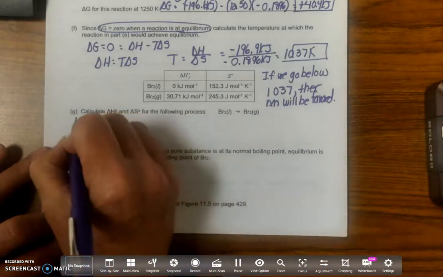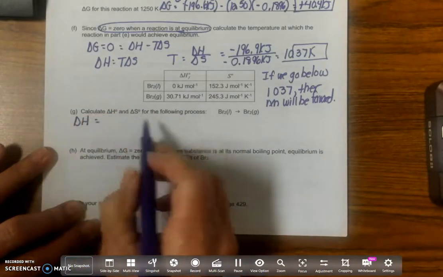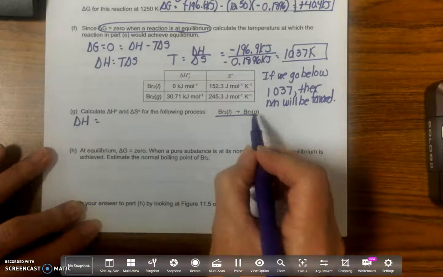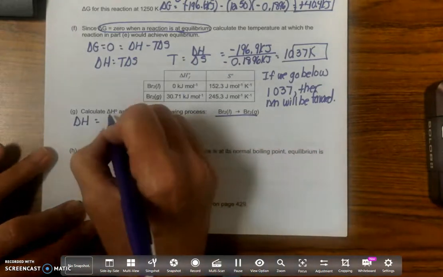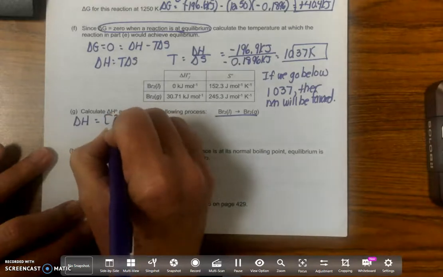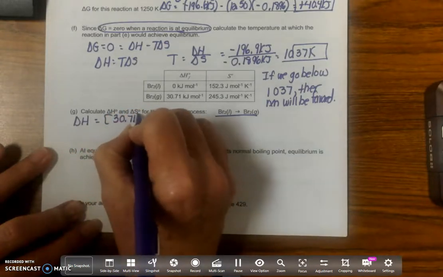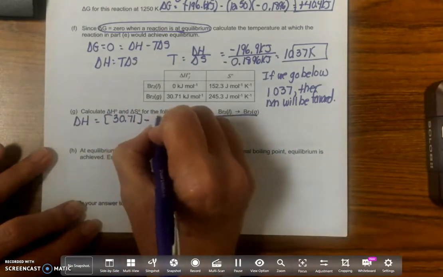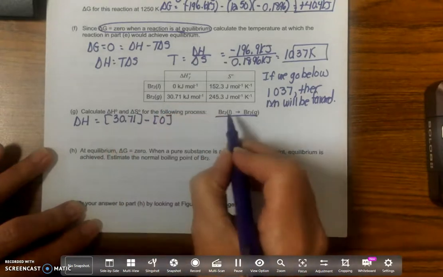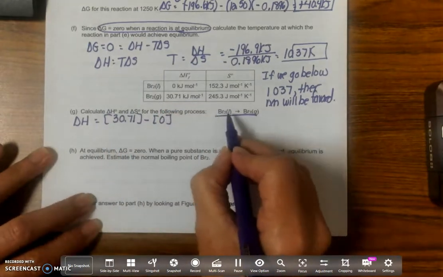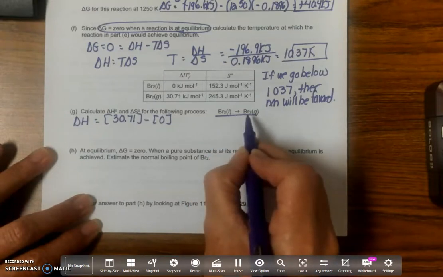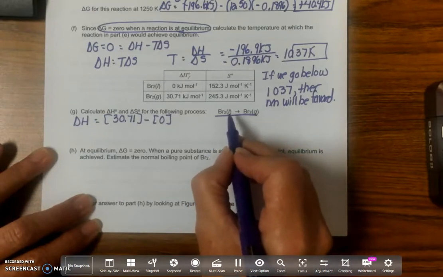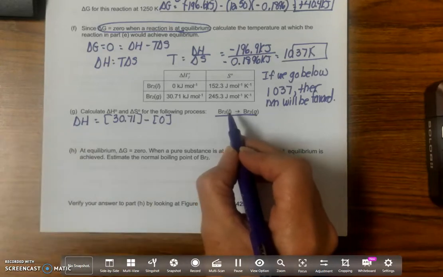So let's do that. Delta H for this process here, remember I can look these up, I've got these all right here, is going to be products minus reactants, which is 0, because now remember how states matter. These are both elements, but the elemental form or state of bromine is a liquid.